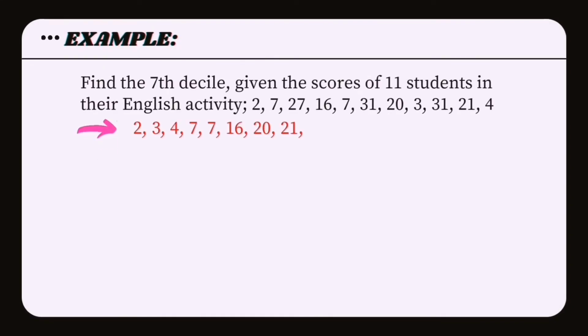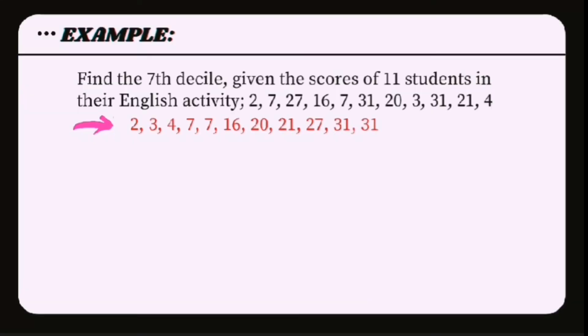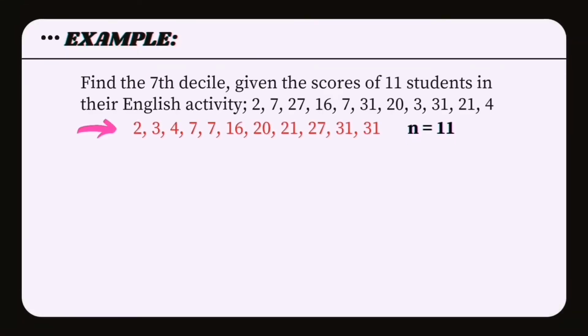Again, before we start the solution, we have to arrange the given data into their ascending order. So we have 2, 3, 4, 7, 7, 16, 20, 21, 27, 31, and 31. And our n is equal to 11.